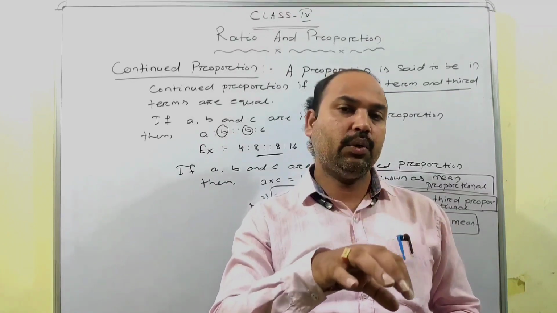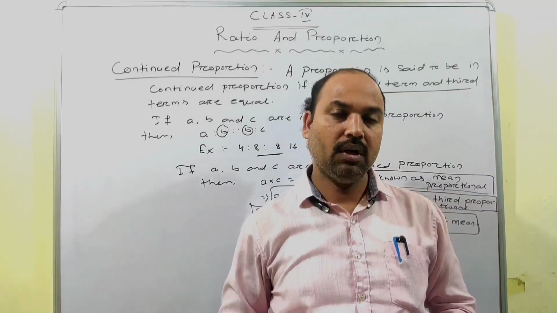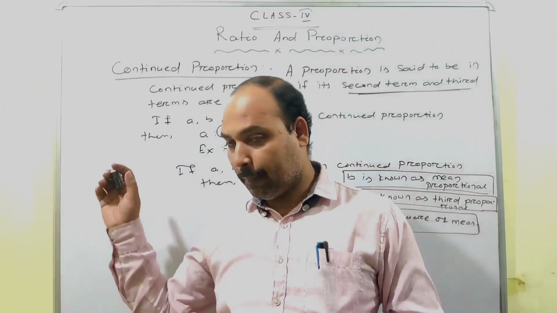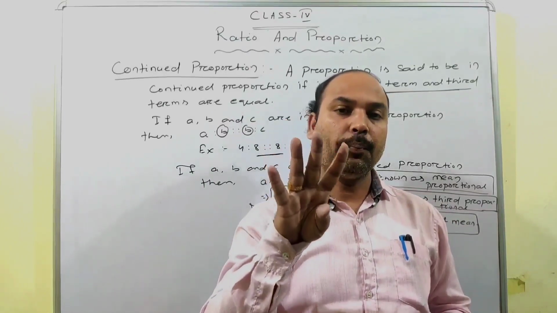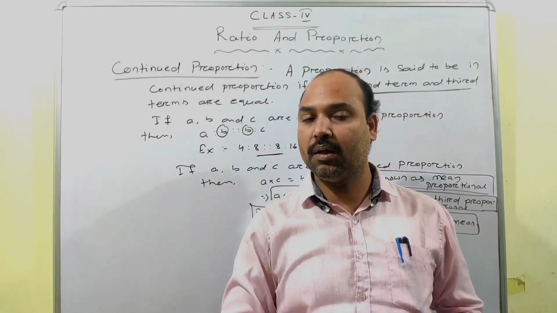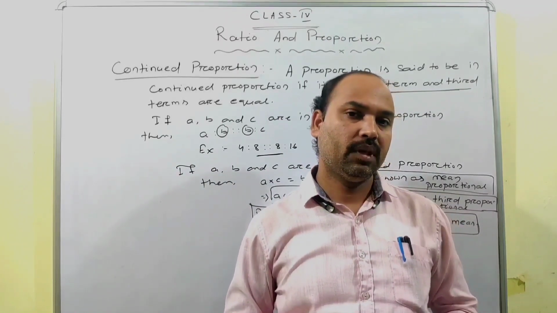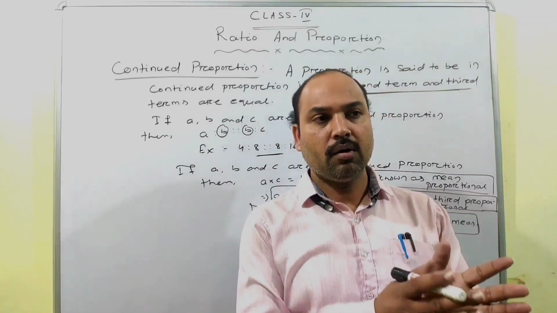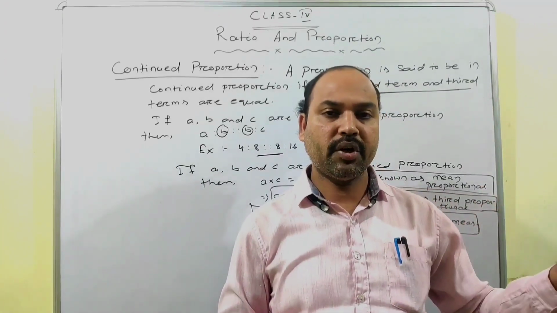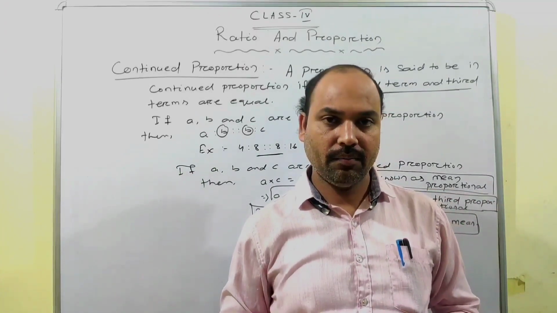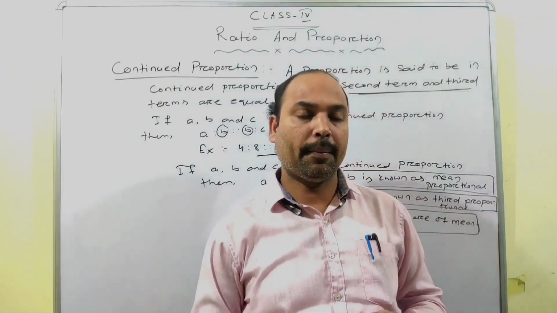When two ratios are equal, they are known as a proportion. There are different types of proportion. One uses four different terms: A is to B such as C is to D. To find out the proportion, the formula is the product of extremes is equal to the product of means.